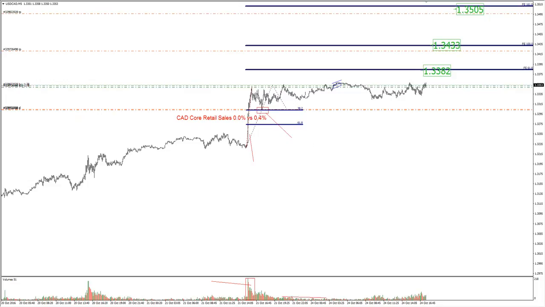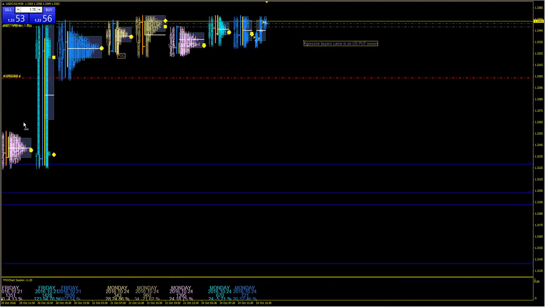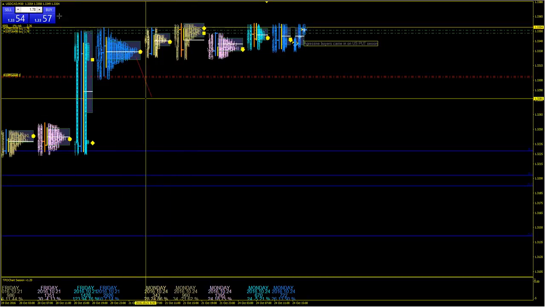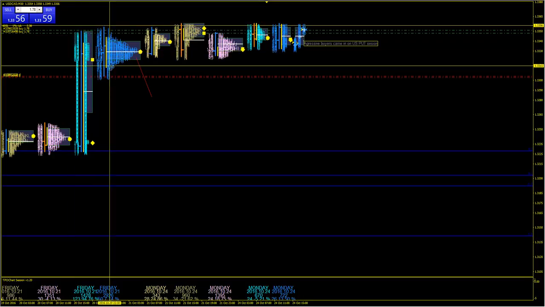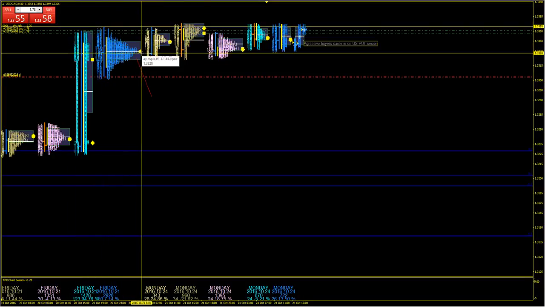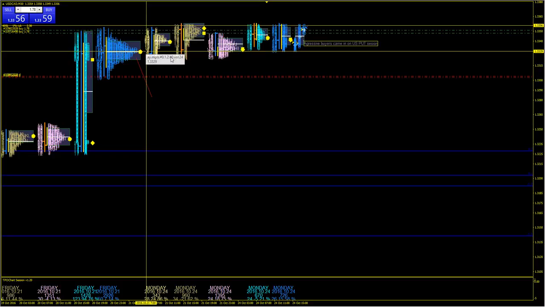Also I'm using the market profile to see what's going on in terms of the price and the time. As you see, the point of control for this big day in the Canadian dollar from the US session is set at the price of 1.3330 area, let's say, or 29.